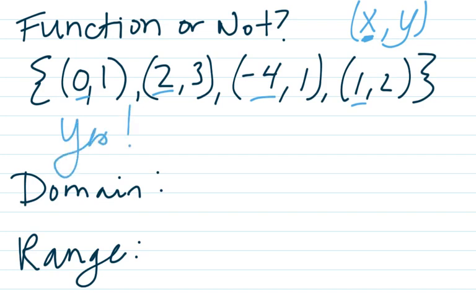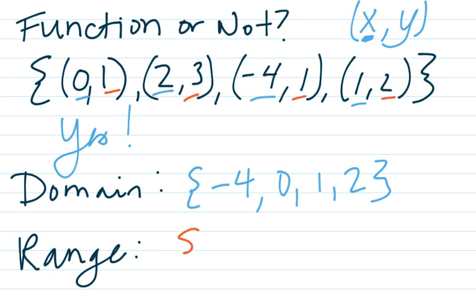The domain is going to be the set of all your x values. So let's start over. In order from least to greatest, we'll have -4, 0, 1, and 2. Our range would be our y values. Now, notice our range is 1, 2, 3.